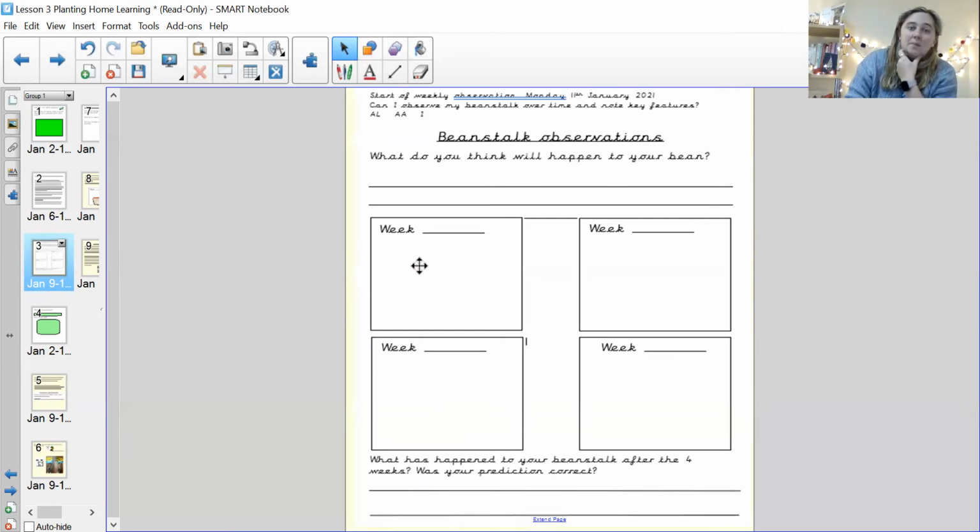And then each week we have a look, or we observe our experiment and draw it to see what changes happen over the weeks. And then at the very end we'll be writing whether what we predicted was right or wrong.